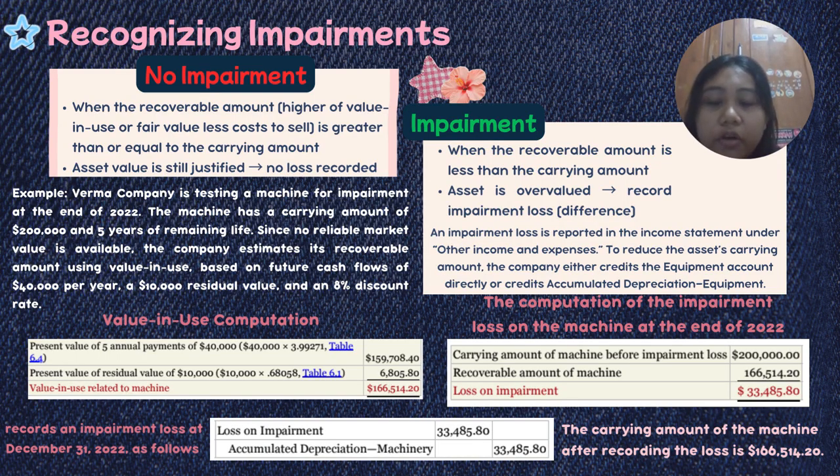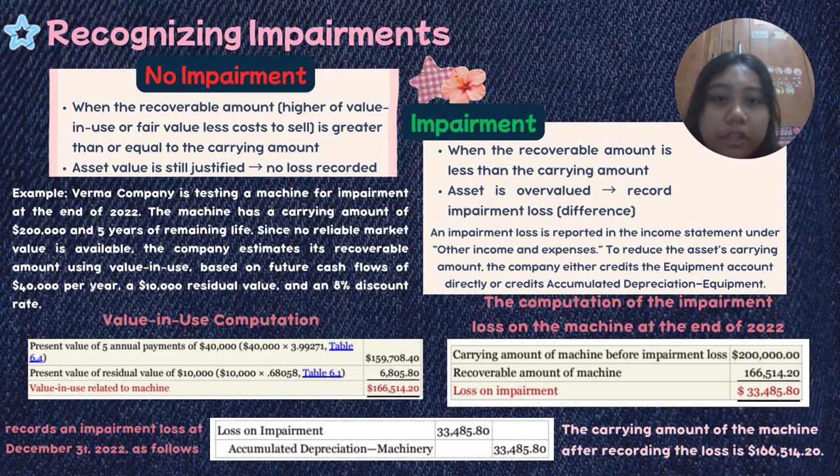The present value of 5 annual payments of $40,000 goes like this, and the result is $166,514.20.